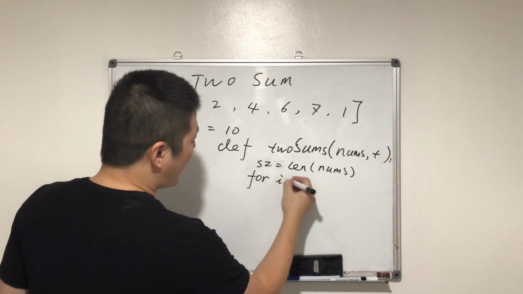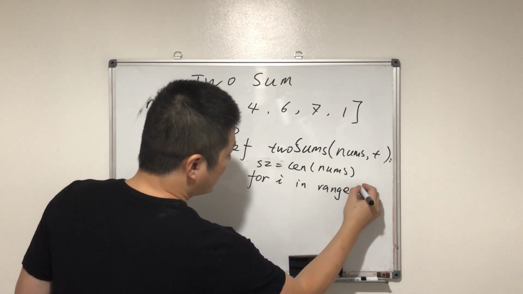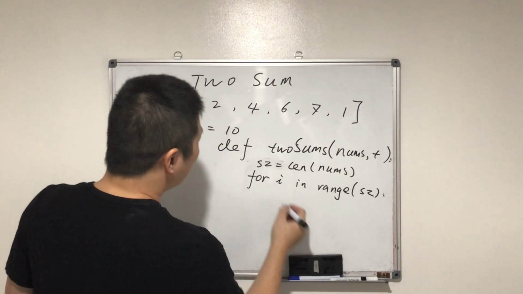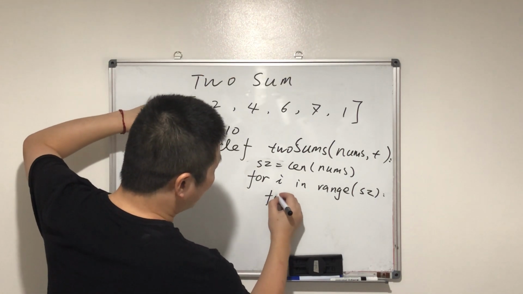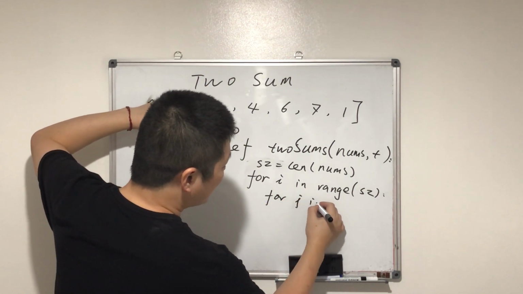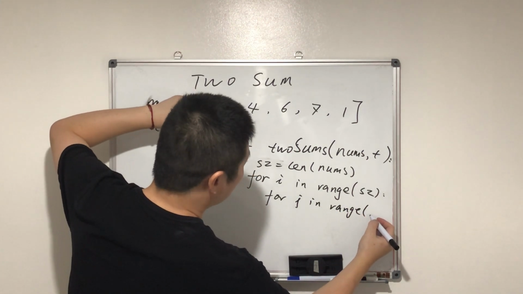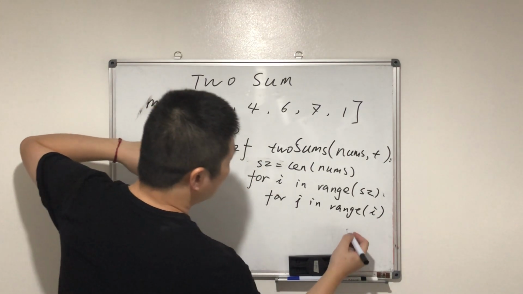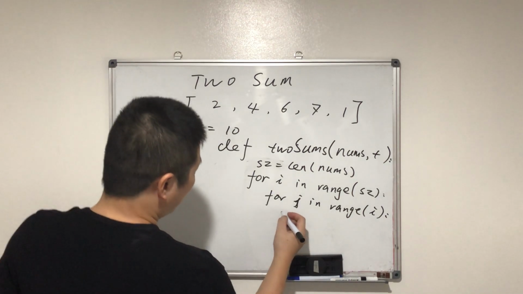For i in range size, and then we iterate another one, for j in range i, so we start from 0 up to i. What's j? j is another variable. I'll teach you about that later.